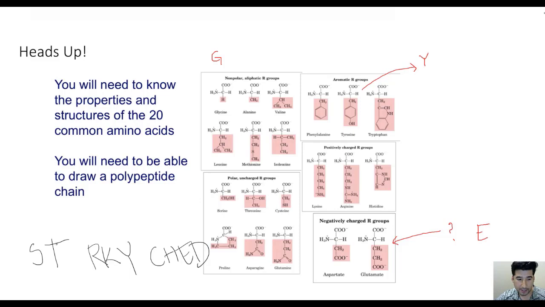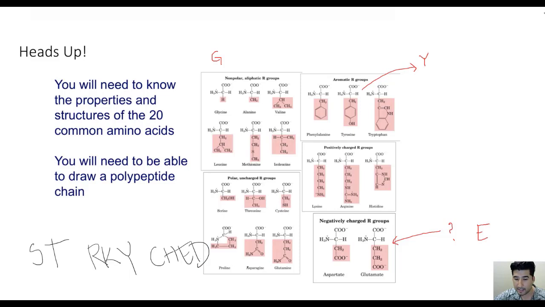And so Saint Rocky Ched, it's the one-letter abbreviation of the amino acids who have ionizable protons. And what that means is that they have a side chain that can give up a proton. So just as an example, we'll start with letters E and D. Letter E is the one-letter abbreviation for glutamate, like we had just discussed.